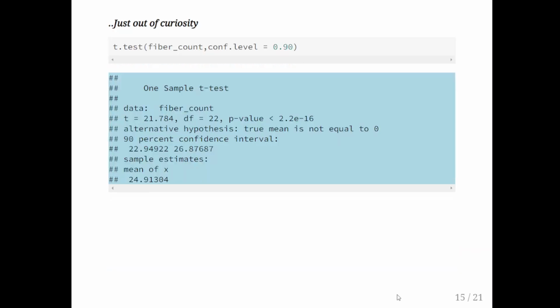Okay, now just out of curiosity, this is where the approximations according to different distributions start to be noticeable. If I do this using a t-test on fiber count with conf.level equals 0.90, I get a slightly different confidence interval, 22.94 to 26.87.